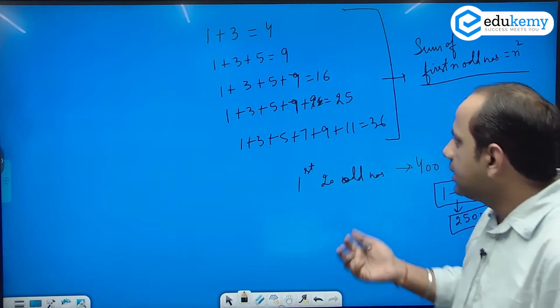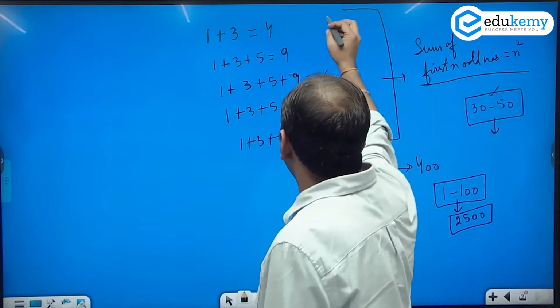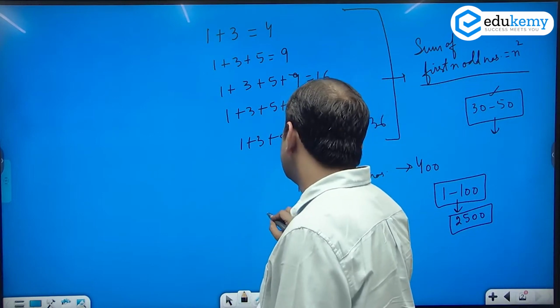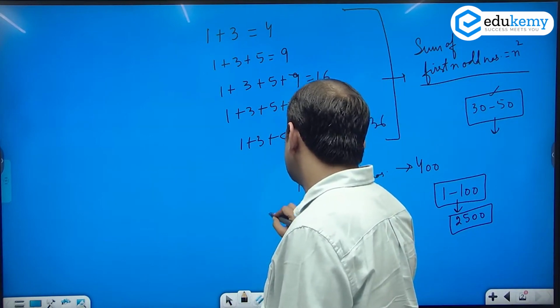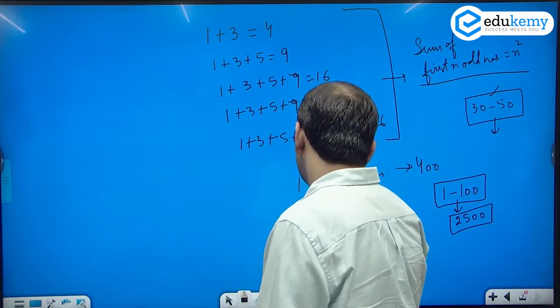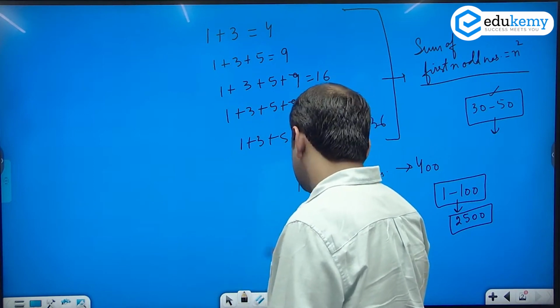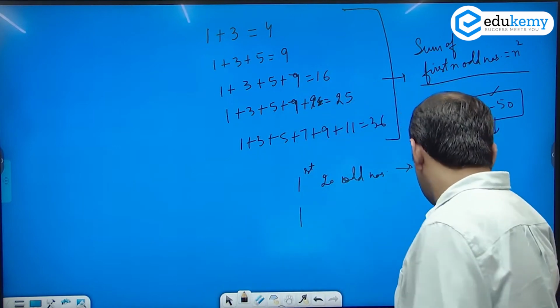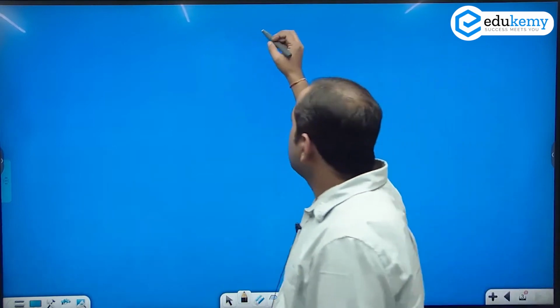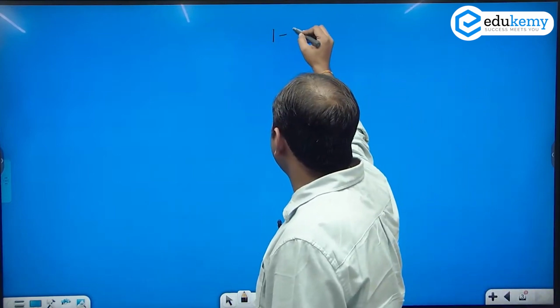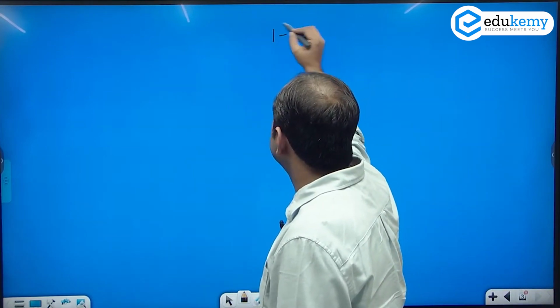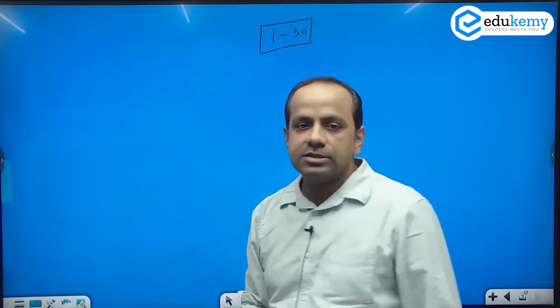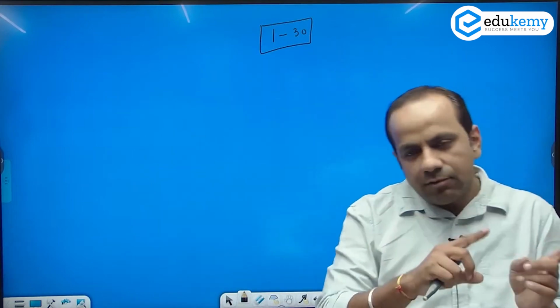Clear? Okay, tell me what will be the sum of all odd numbers lying between 1 and 30?